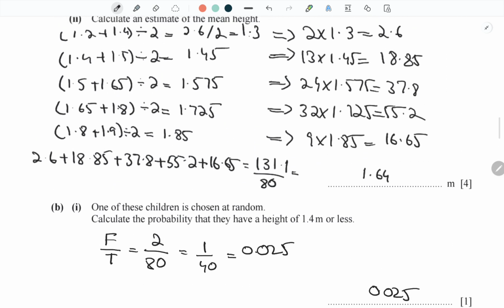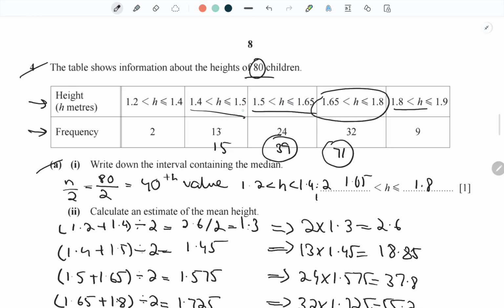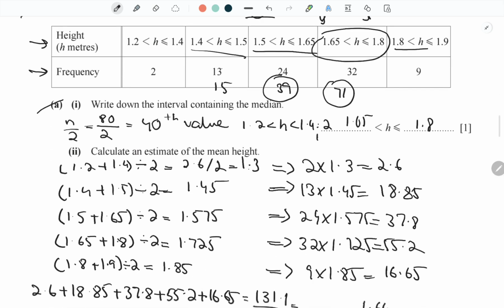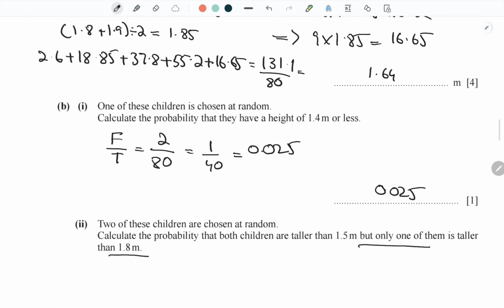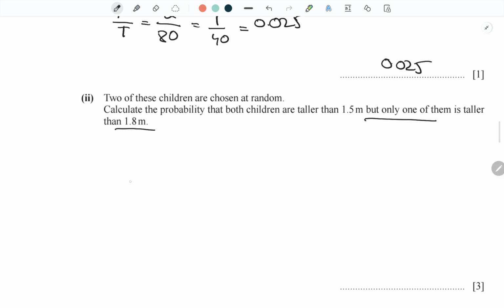We just see the condition. The condition 1.65 to 1.8 meets between them. For 1.65 we have 24 frequency, and in this one we have 32 frequency. So we add the frequencies, 24 plus 32, we get 56.